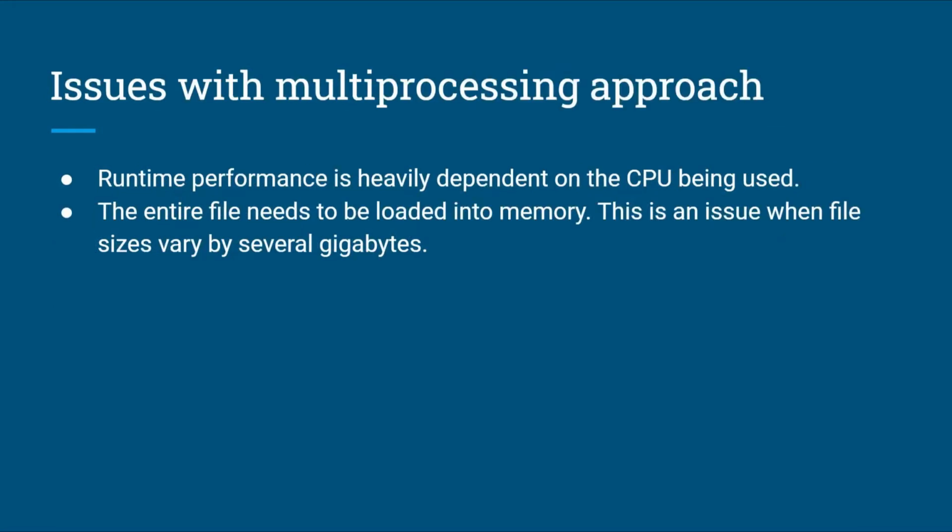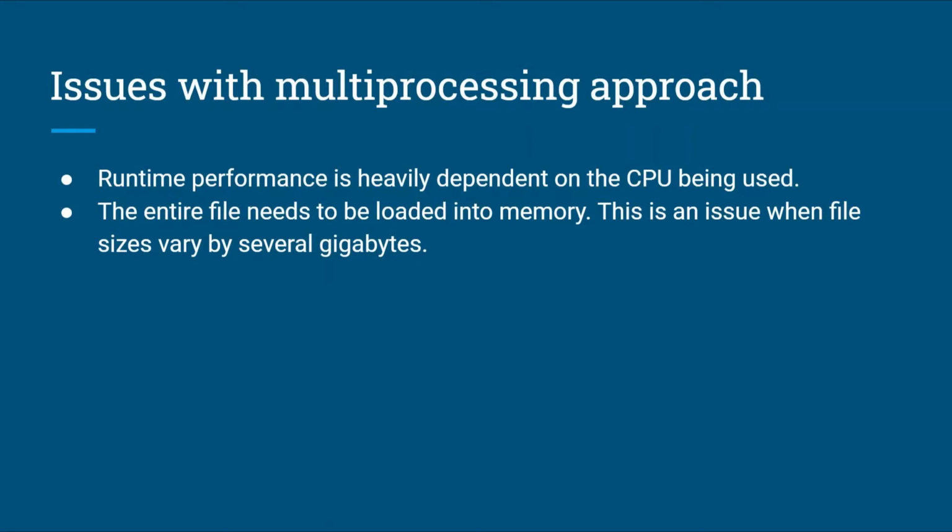While multiprocessing significantly reduced runtime, it came with a few issues of its own. The first issue is that the runtime is now heavily dependent on the CPU being used. A CPU with more cores and a higher base clock performs much better than a CPU with fewer cores or a lower base clock.